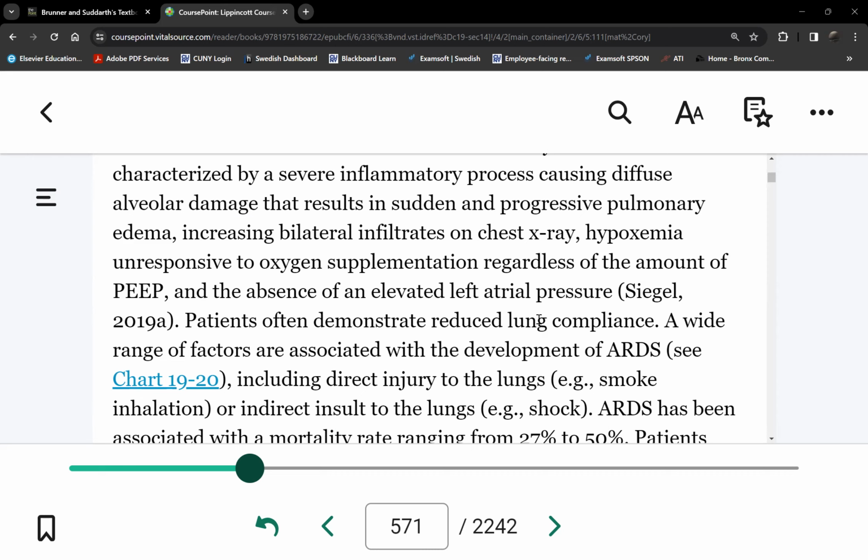This is therefore a non-cardiac pulmonary edema. Those white lungs you see are literally pulmonary edema, correct? But it's non-cardiac in nature, meaning the heart did not cause that water to enter the lungs. So the pressures inside the heart will be normal or even low.